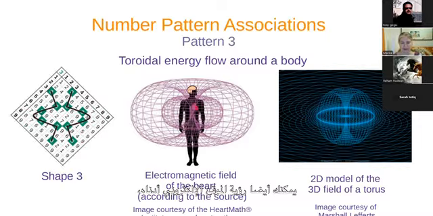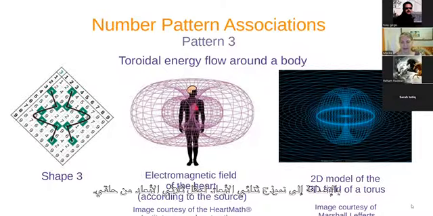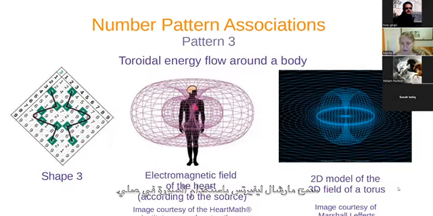You can also see the website below, www.heartmath.org, as well as a 2D model of a 3D field of a torus. The image was allowed for use in my work by Marshall Levitt.